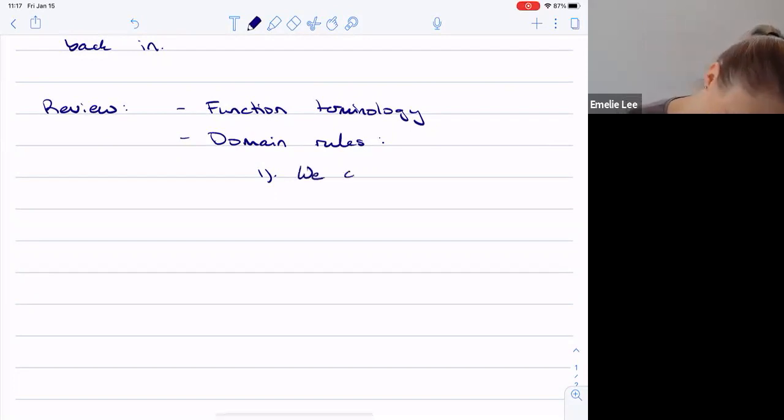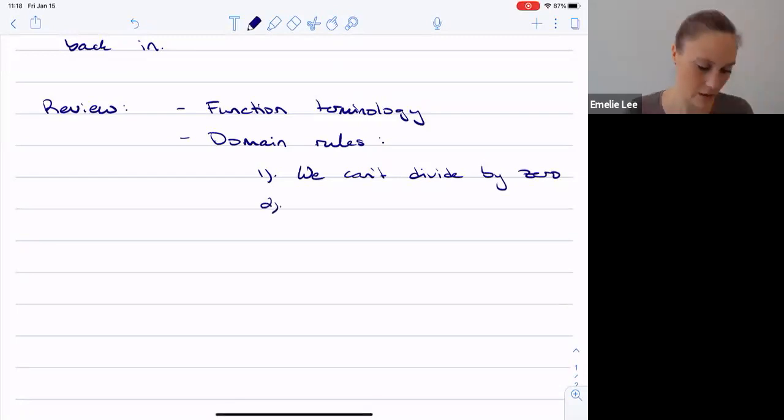So we can't divide by 0. We can't take the even root of a negative number, right? So usually we just say the square root, but we actually mean the square root, the fourth root, the sixth root. So any even root.